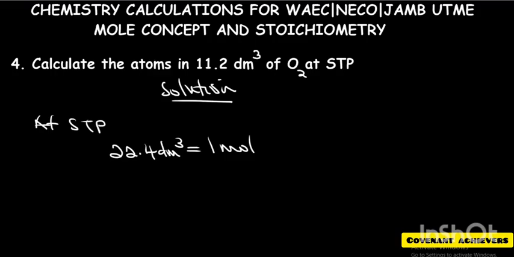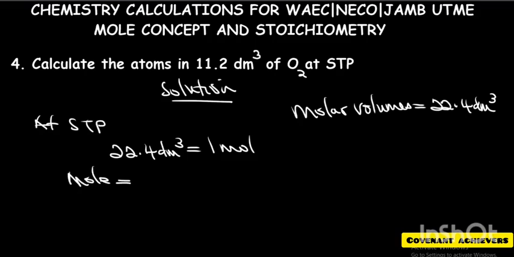The molar volume, unlike masses, where you calculate the relative atomic masses or relative molecular mass, in the case of gases, the molar volume for gases is equal to 22.4 dm cube, and that is why we say it's equal to 1 mole as you have it here.